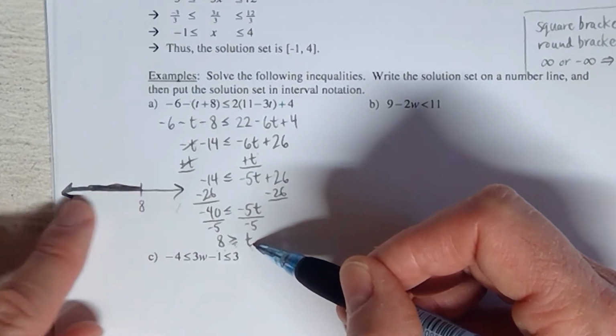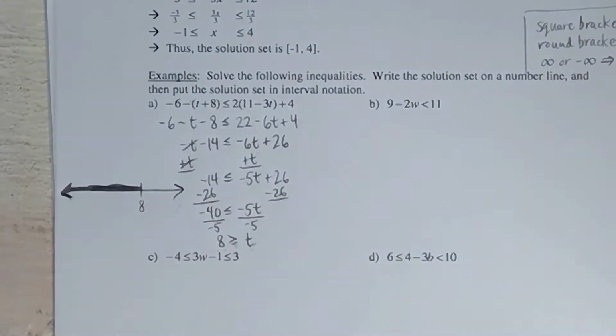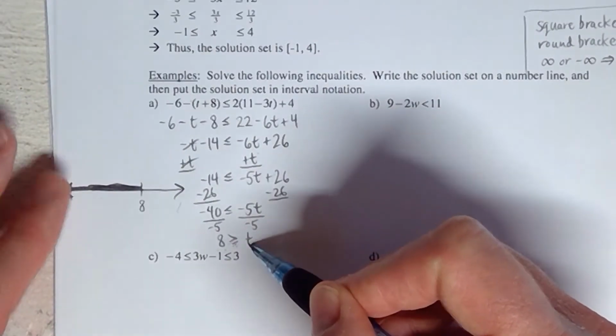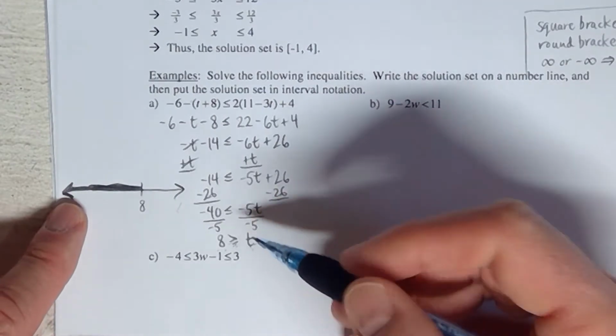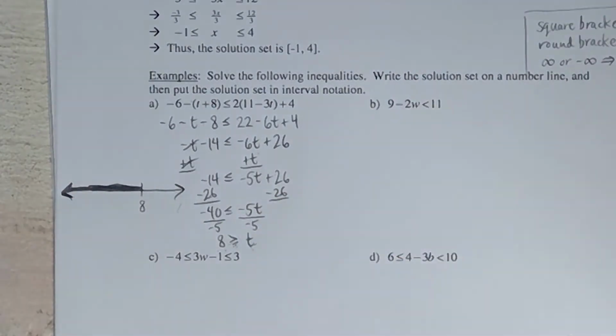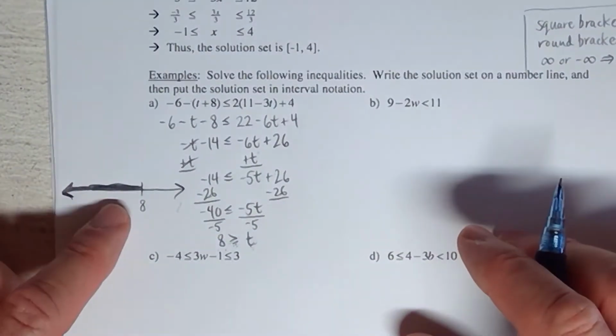And we're trying to color in the solutions here, so we must color in the less than numbers. So if the alligator is not eating the variable, you always go to the left. If the alligator had been eating the variable, which you'll see on the next problem in just a moment, then you would go to the right because that's the greater than direction. So that's how you do the shading.